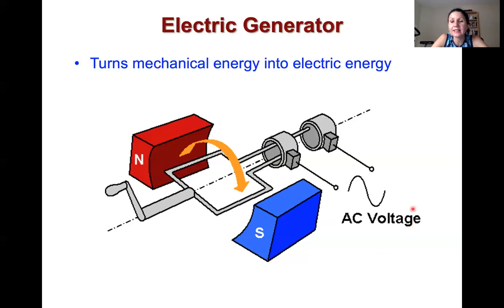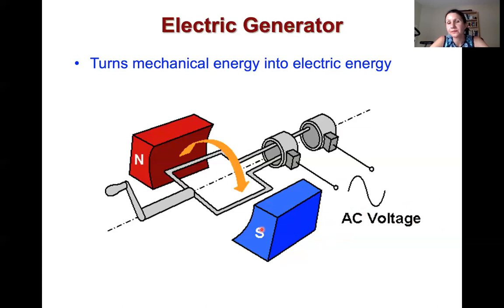That's why you get AC, what is known as an alternating current source, which comes out of this. When we talked about batteries and things like that, that was always DC, direct current. The current always flowed in one direction. Once you connected your circuit with a positive terminal and negative terminal, current flowed from positive to negative. This is an example of AC, where the direction of the current keeps changing.